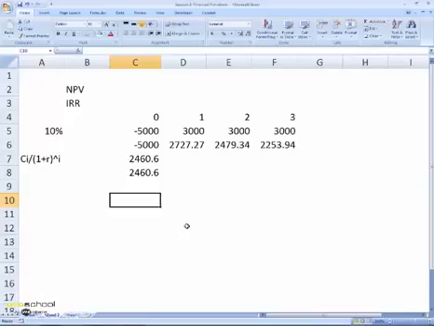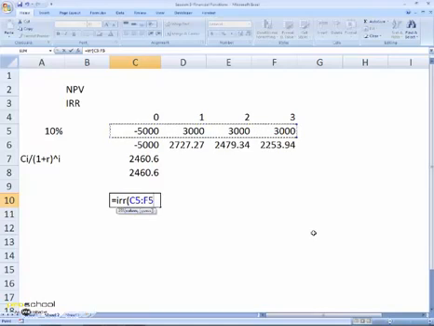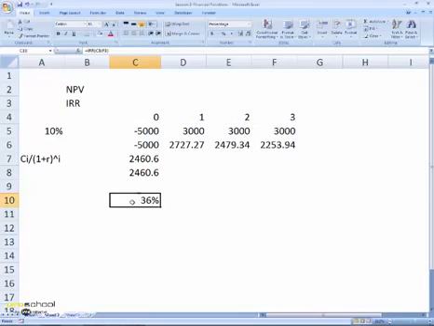One, I use the straightforward formula IRR, which is equal to IRR bracket. It gives me the values. The values are this undiscounted cash flow. Guess is optional, not required. And that's the value of IRR, 36.31.